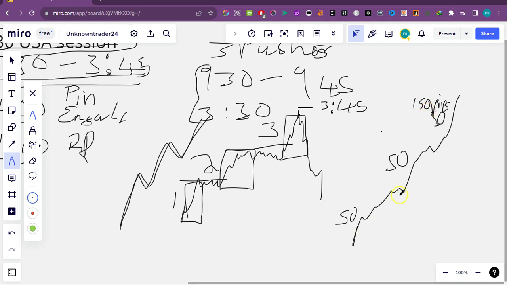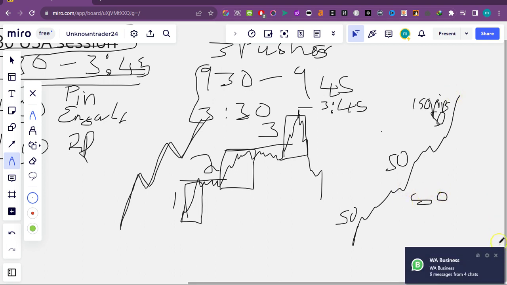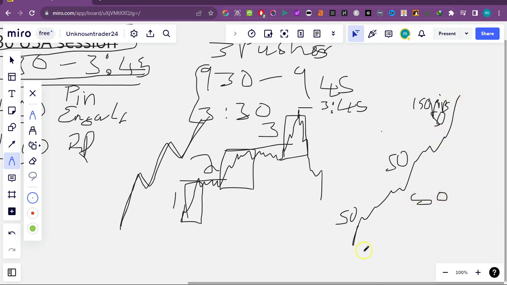Most of the time what will happen when the market corrects, okay, it will correct roughly 50% of this whole move. What do I mean? I mean that if it goes 150 pips, okay, you can get roughly 75 pips on the correction.